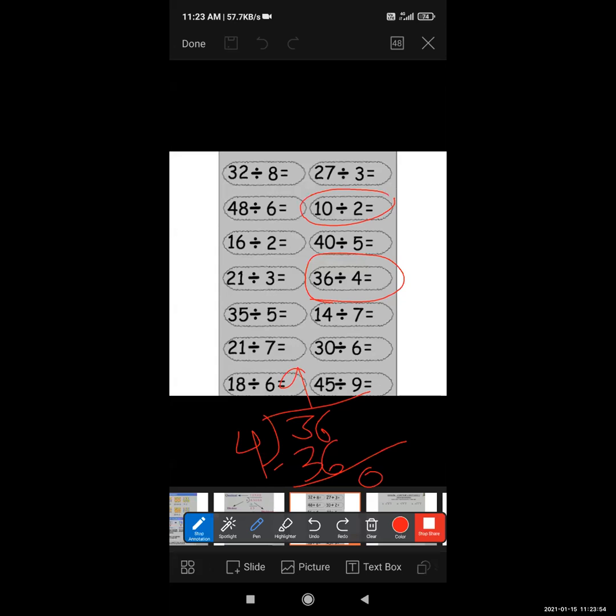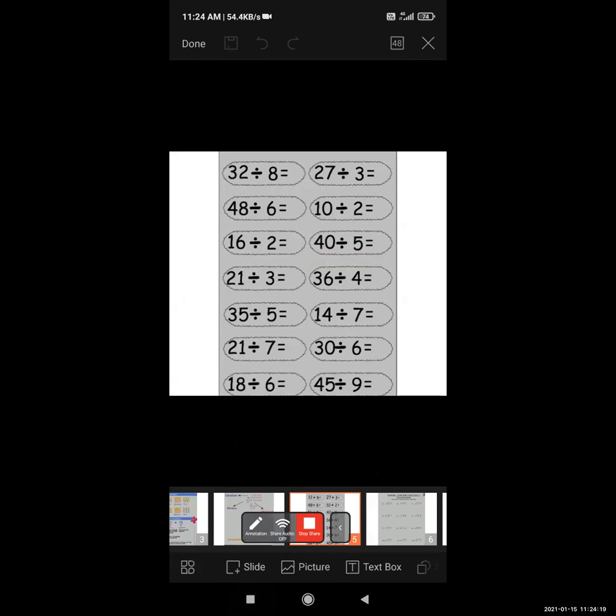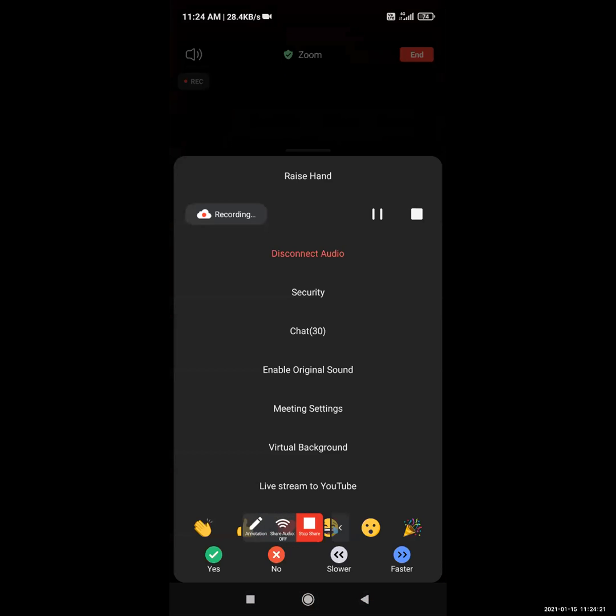Now next sum, 10 divided by 2. Everyone solve and tell me the answer.